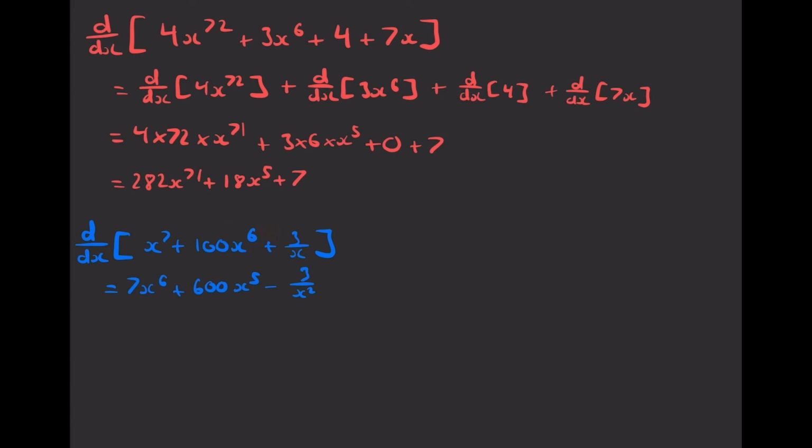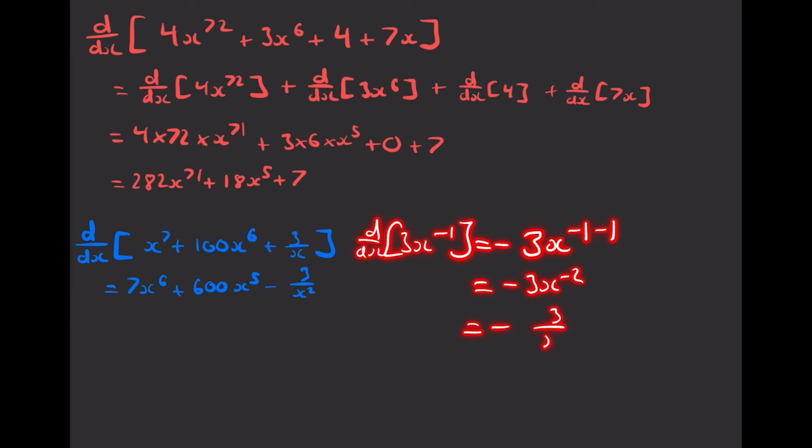And then 3 over x is equal to 3x to the power of negative 1. So your intuition should be that this will become negative, because for the derivative of 3x to the power of negative 1, when you bring negative 1 down, it will be negative 3x to the power of negative 1 minus 1, which is equal to negative 3x to the power of negative 2, equal to negative 3 over x squared.